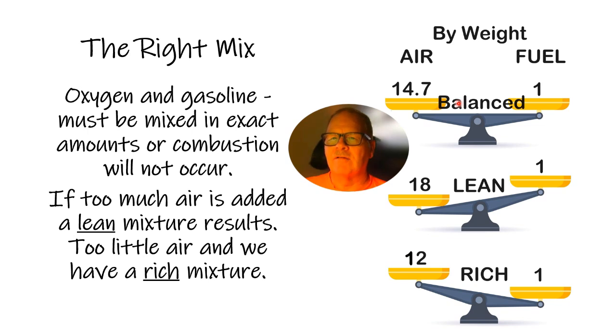If you were going by volume, you burn 9,000 gallons of air for each gallon of fuel. But if you're going by weight, and that's how engineers measure fuel, whether you're talking about aircraft, injectors are basically measured by how many pounds per hour of fuel they can deliver. That's an engineering thing. We think gallons because that's how we buy it. 18 to 1 is lean, and then 12 to 1 is rich.